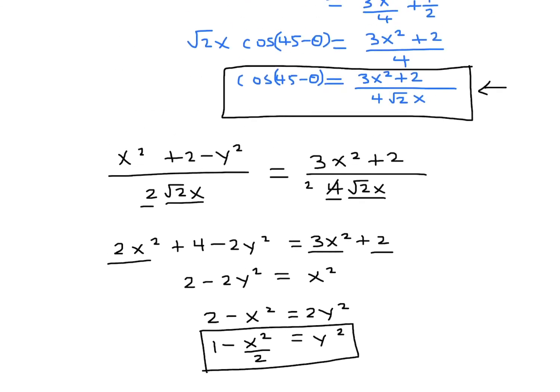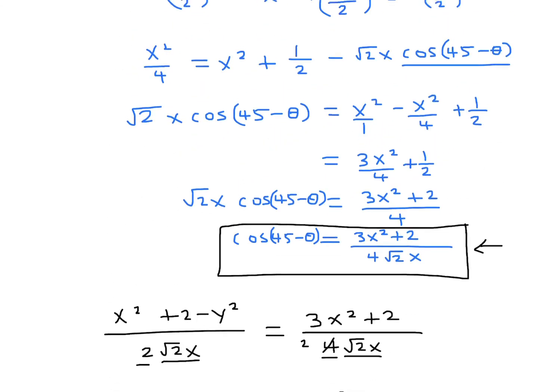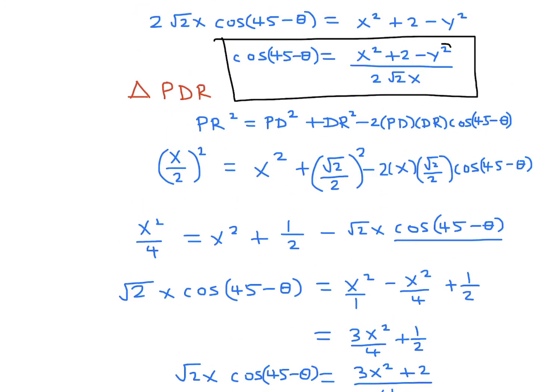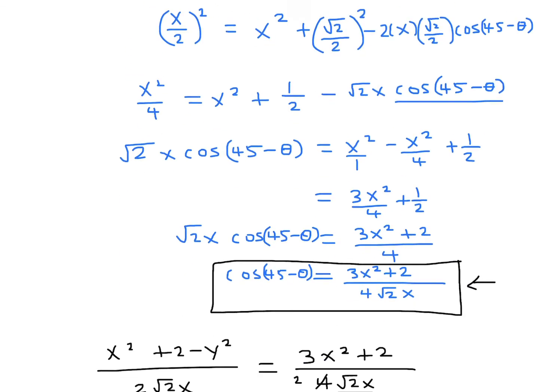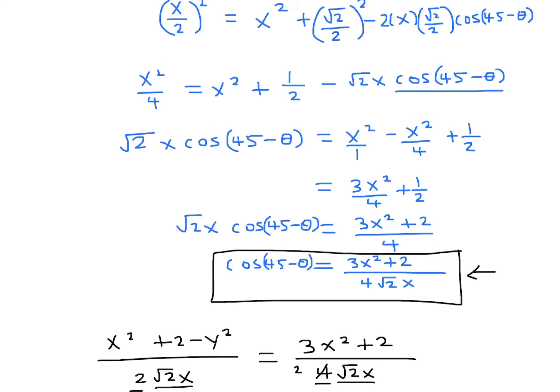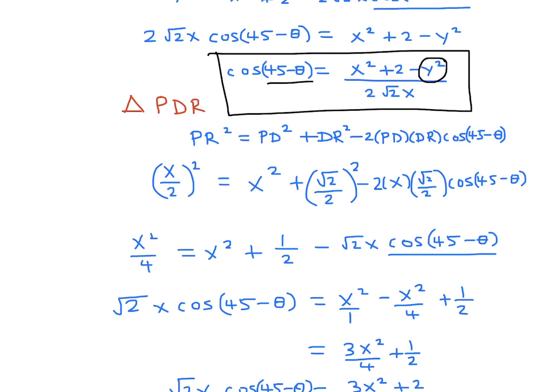So now we can finally get everything in terms of one variable. Right here, we can put y squared into there, and that will help us figure out a relationship for this angle. Because this one here, I think, is a dud. It doesn't really give me anything. So let's see if this one does.